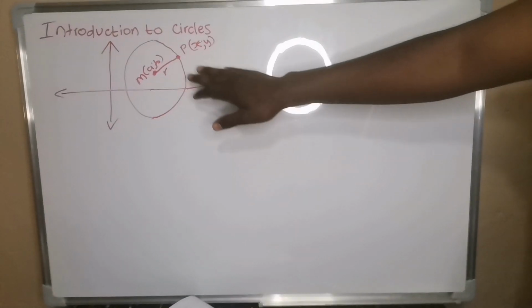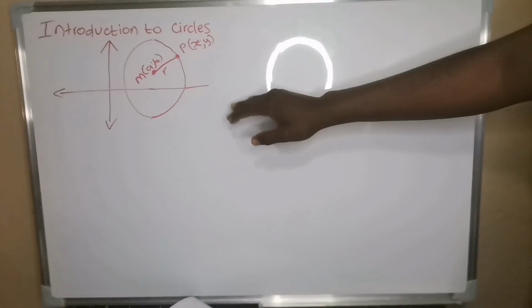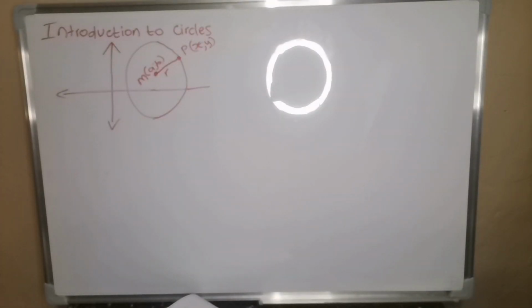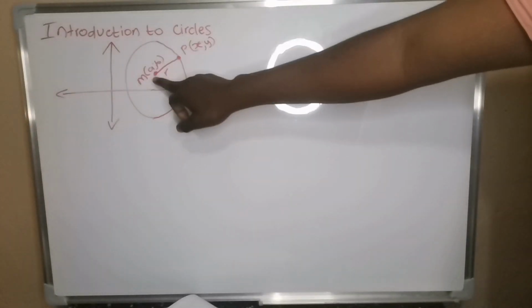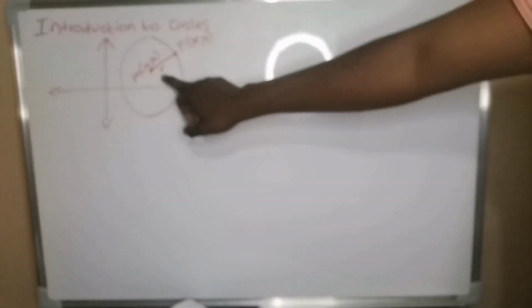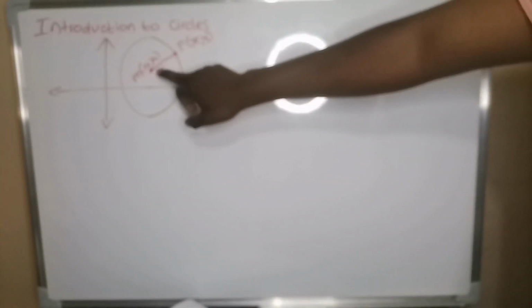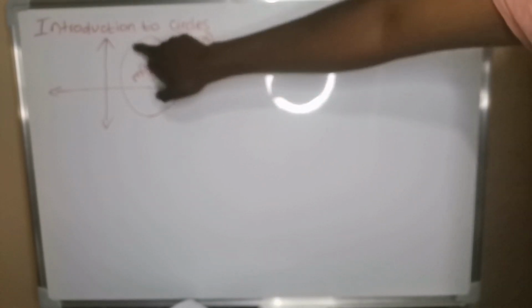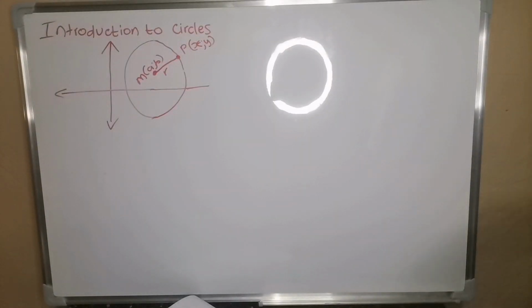Any point on the circle's circumference will be r units away from the center. Basically, each and every point will have the same length from here to here, from here to here. All these points will have the same radius or length.